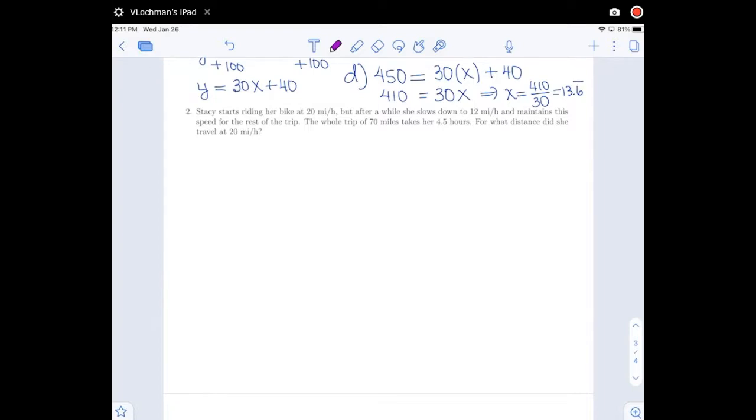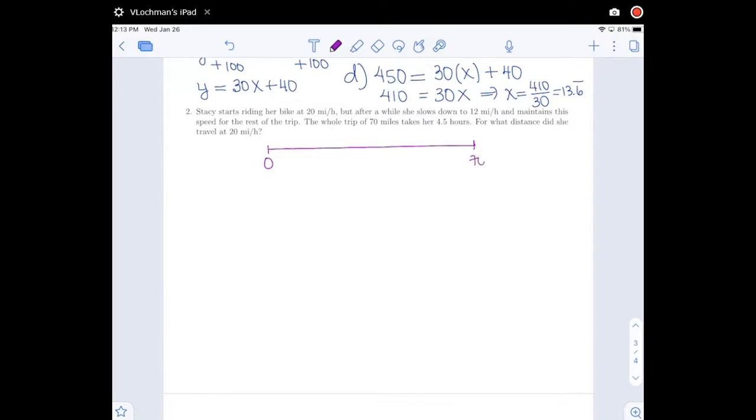So what is that first chunk? How long was that? Okay, so this is a problem that I think is important to have a picture here, just to kind of break it down and see what is it that we're really trying to find. Okay, so I know she traveled 70 miles total. So let me make that picture here. That whole distance is 70 miles from 0 to 70, right?